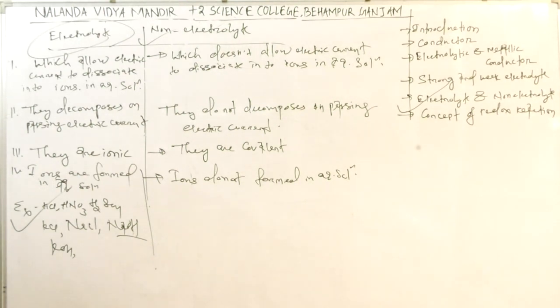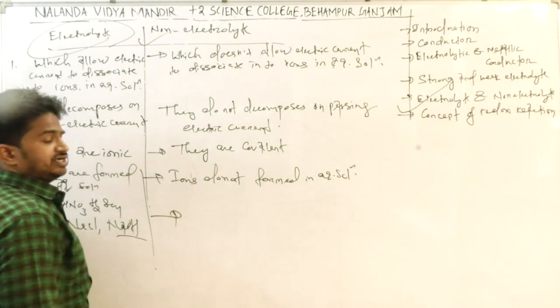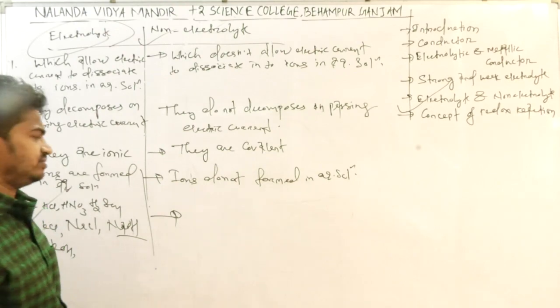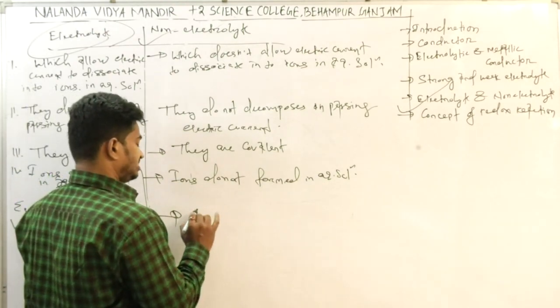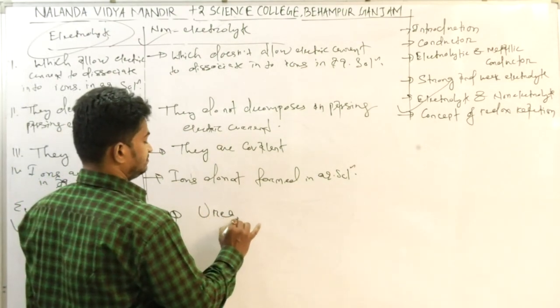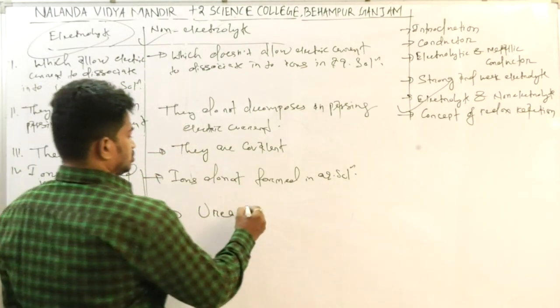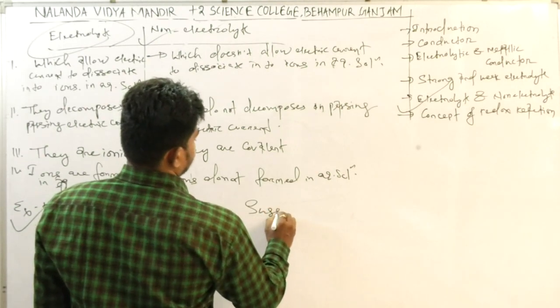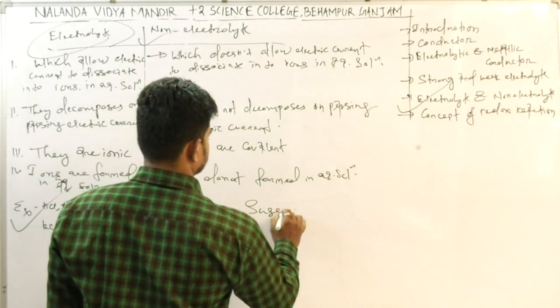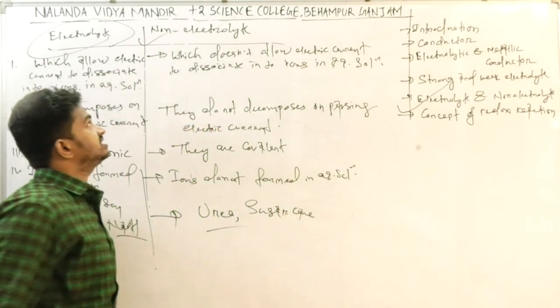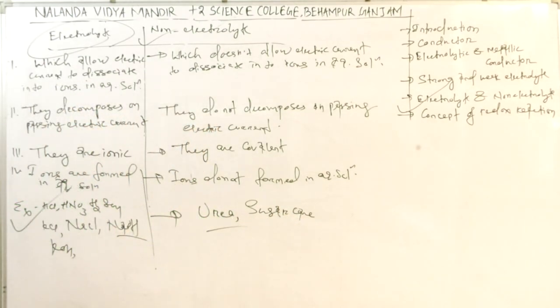And non-electrolytes, which do not dissociate in aqueous conditions even after using electric current, are urea and sugarcane. These are non-electrolytes.